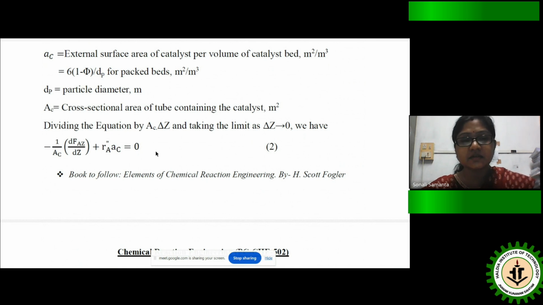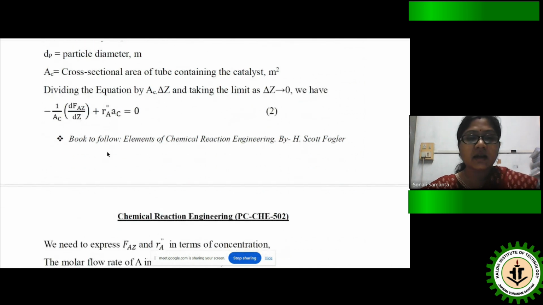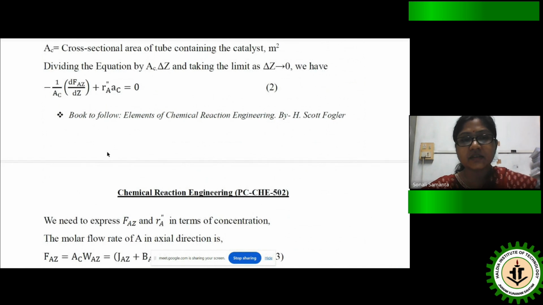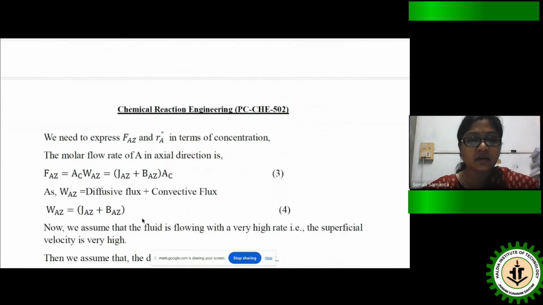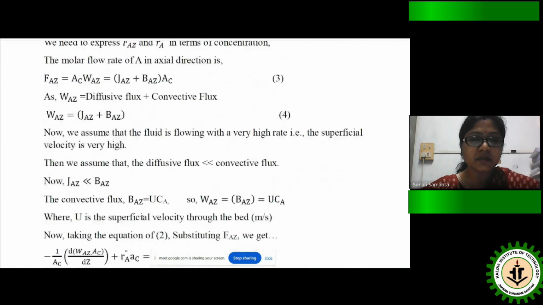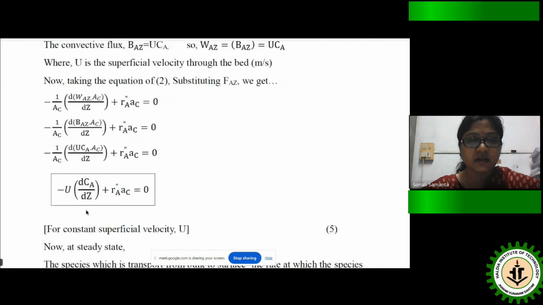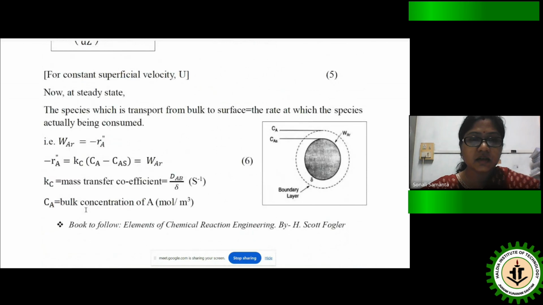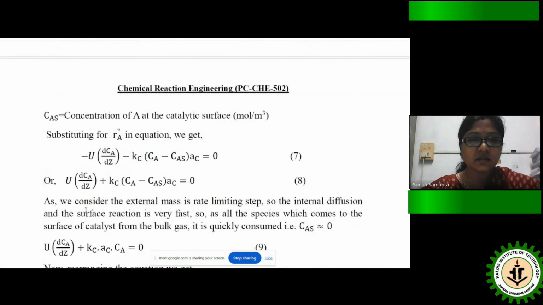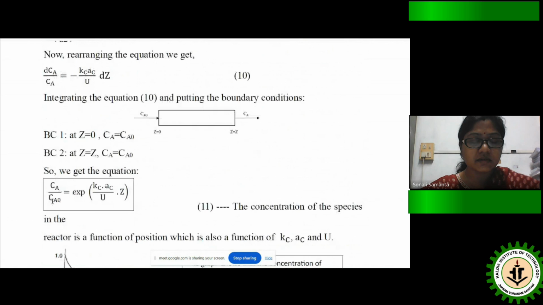To do that, we convert FAz and RAz to concentration and substitute that in the mole balance equation. In the last class, this is the concentration profile we developed.